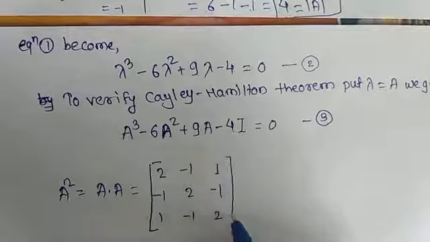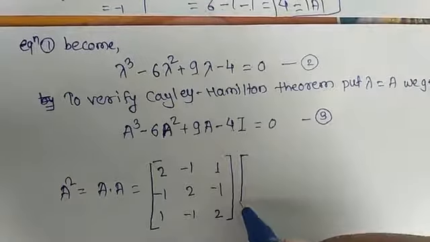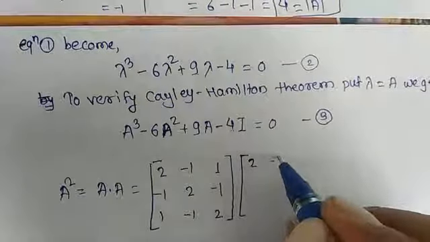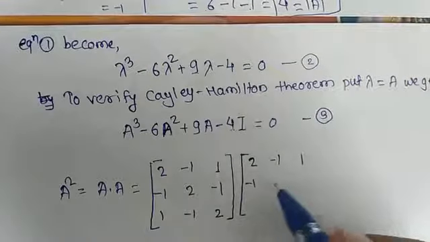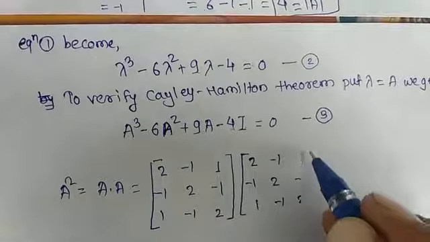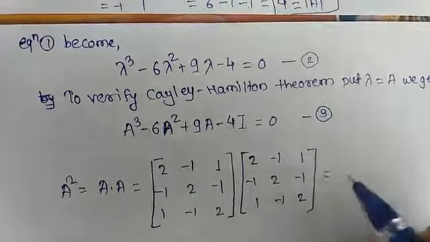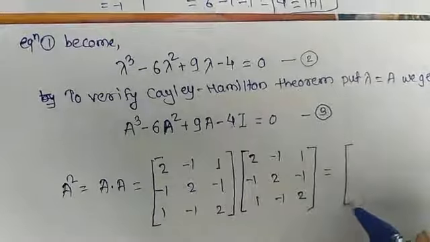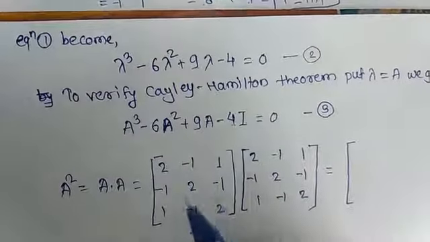Okay, we have to multiply again it by matrix A: 2 minus 1 1, minus 1 2 minus 1, 1 minus 1 2. Which gives us, as we write here, matrix multiplication.